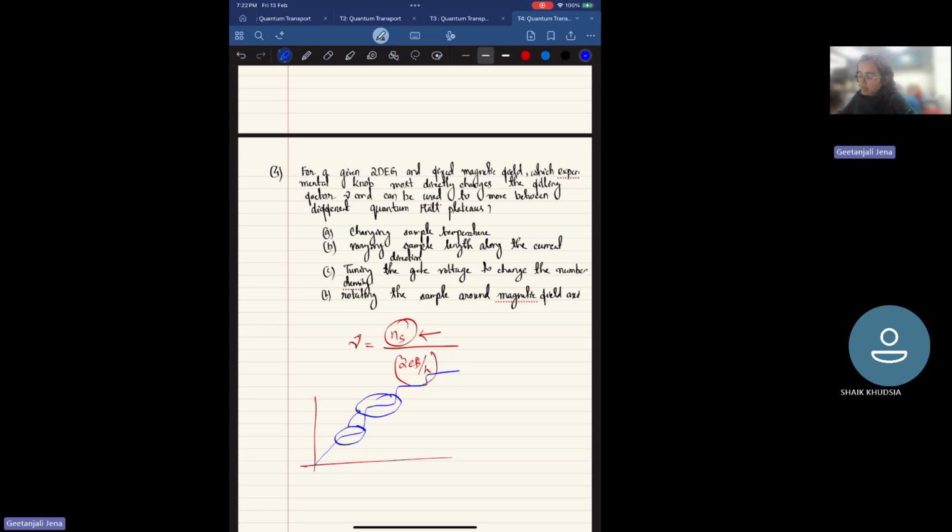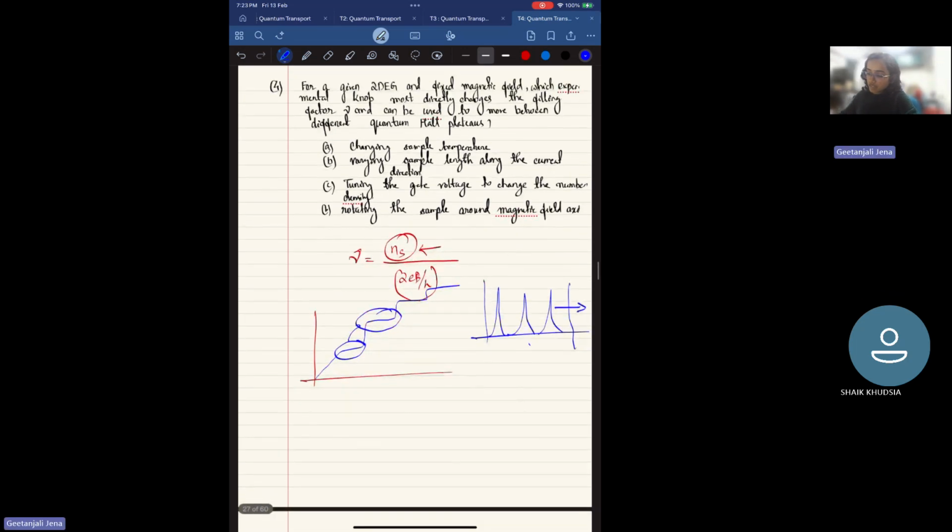And if we change it, that means the filling factor will change. So the Landau levels will now move across the Fermi level, and when it crosses the Fermi level, then we'll see excitation. I think the answer will be option C.